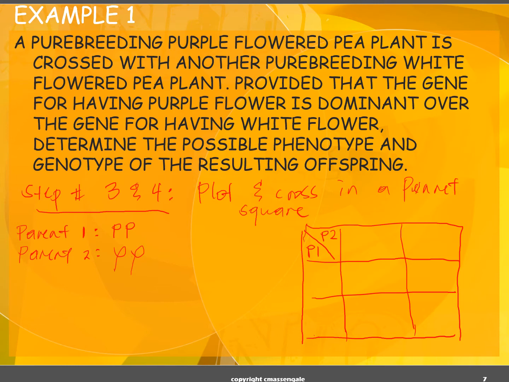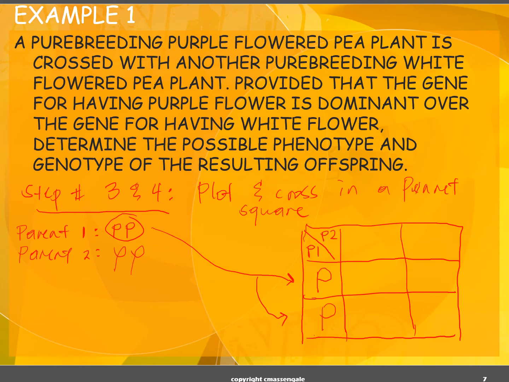So all we need to do for steps 3 and 4 is to write down the genotypes of parent number 1 and parent number 2 into our Punnett square, and we need to cross it afterwards. So let's write down the genotype of parent number 1 here: capital P and then capital P.